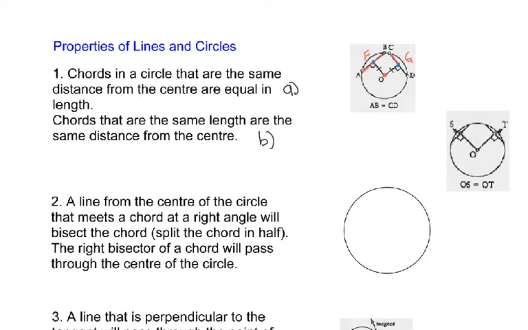So these are the chords we're looking at, and we're saying that the distance from here to here is exactly the same distance. So if OF is equal to OG, the distance from the center to the chords, then the chord lengths AB and CD are the same.